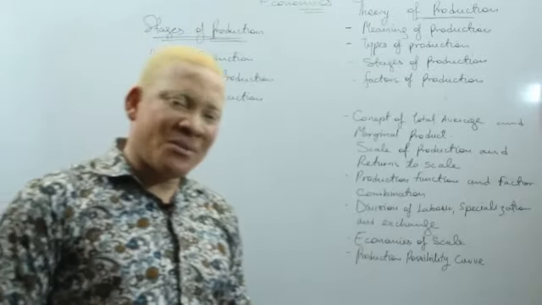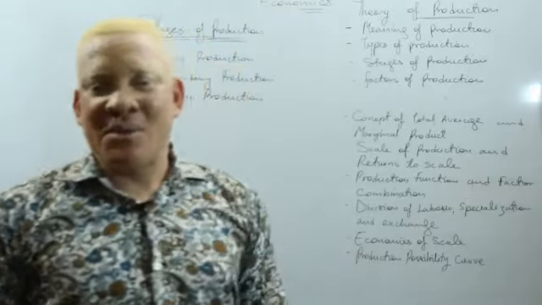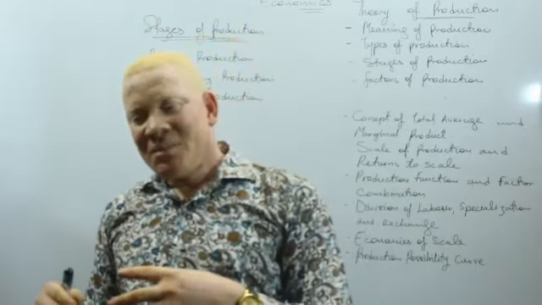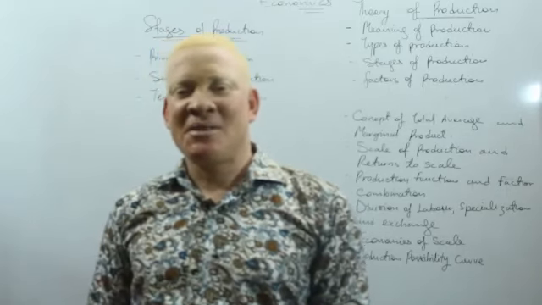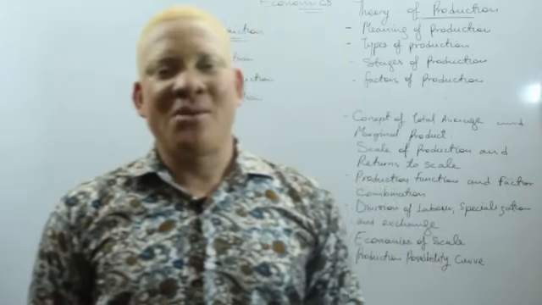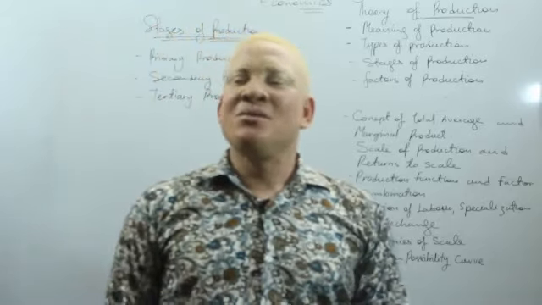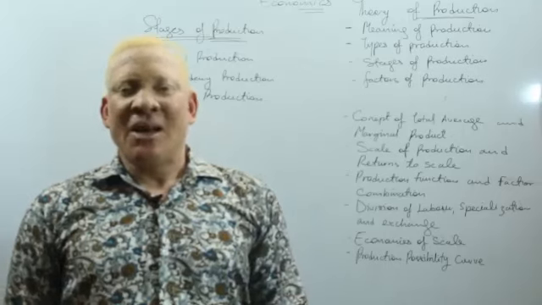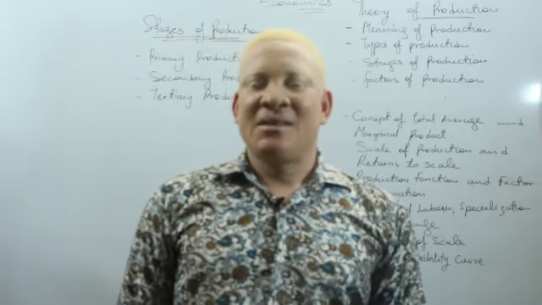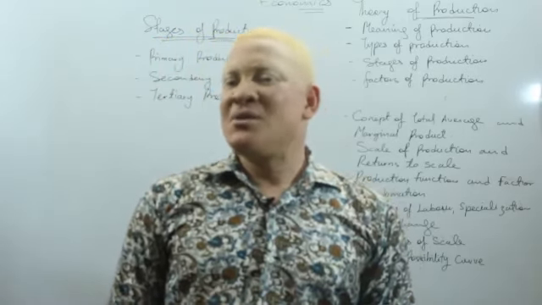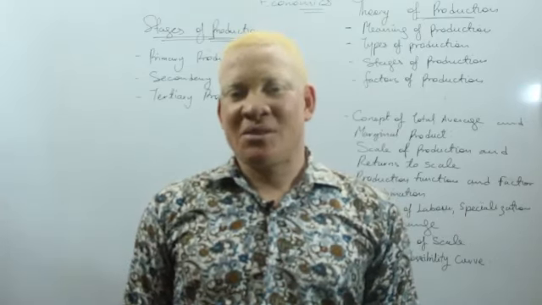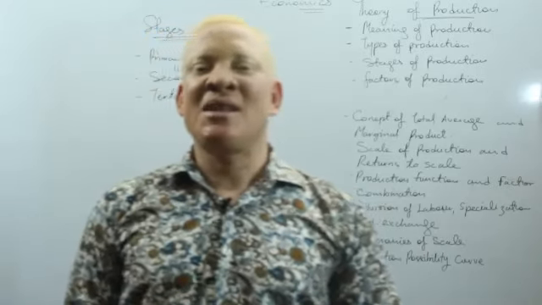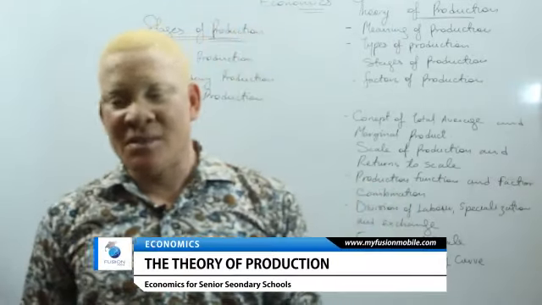For the secondary stage of production, it is the stage or the form of production that makes use of the raw materials obtained from the primary stage and processes them or refines them into finished products. Now, activities like this add form utility to a product, that is, the kind of satisfaction which the product will yield because it has been reconstructed or changed in form.